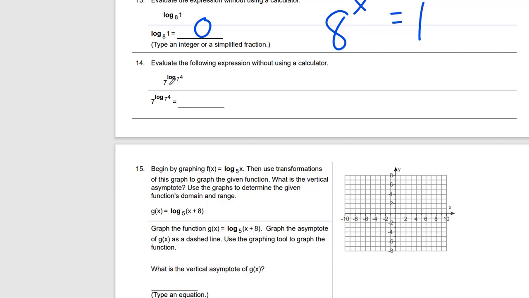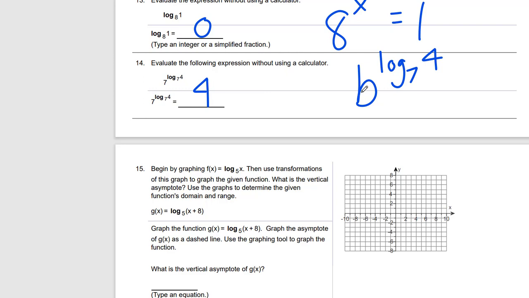Number 14, 7 to the log base 7 of 4. There is a property for this, which would probably make this easier. If you have a base raised to a log of the same base, okay, the argument is going to be your answer. And that has to do with the properties of inverses.